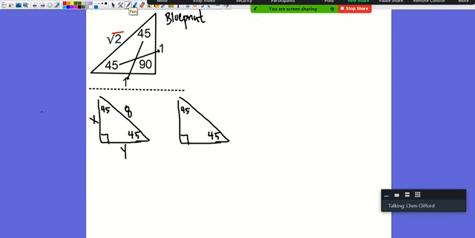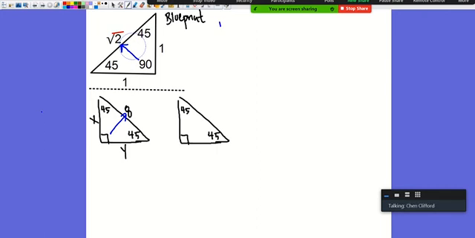Now, let's go ahead and link this up. Let's solve for X. The 8 is the side across from the 90 degrees, and the side across from this 90 degrees is root 2.